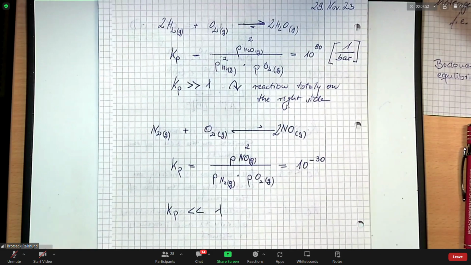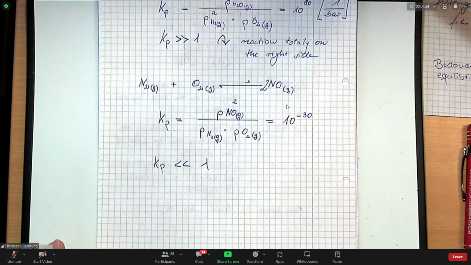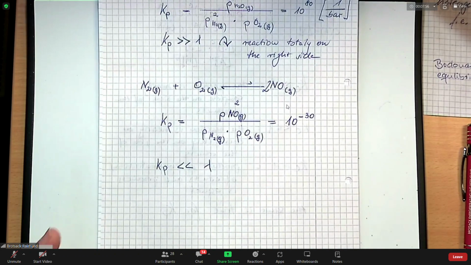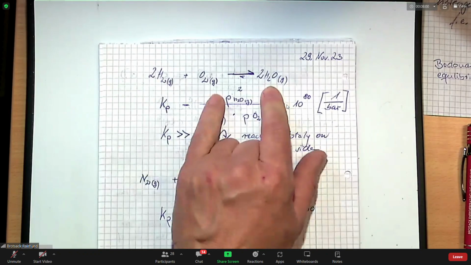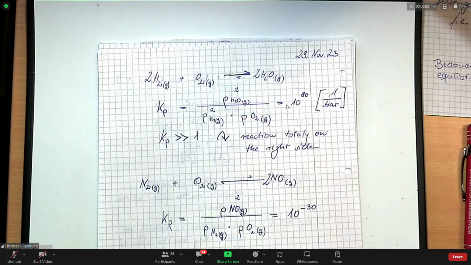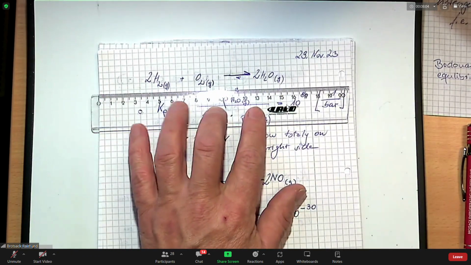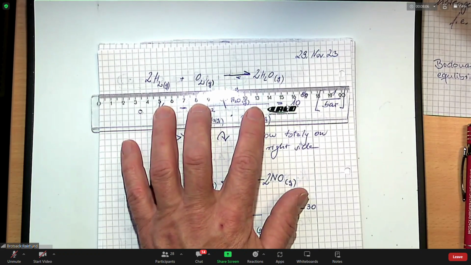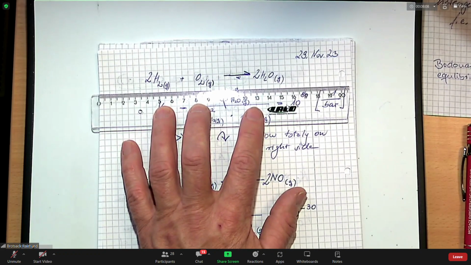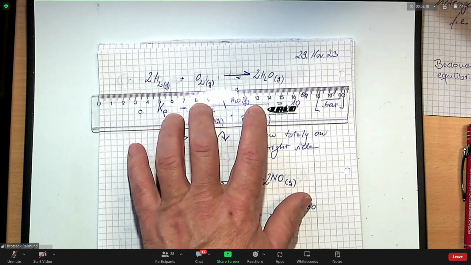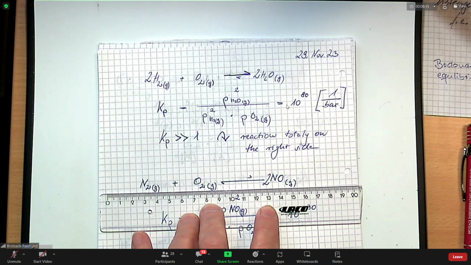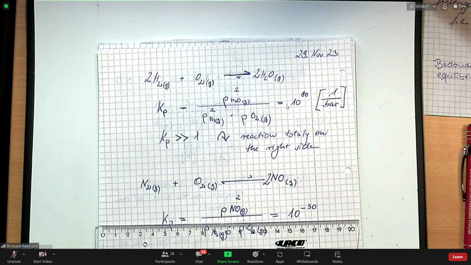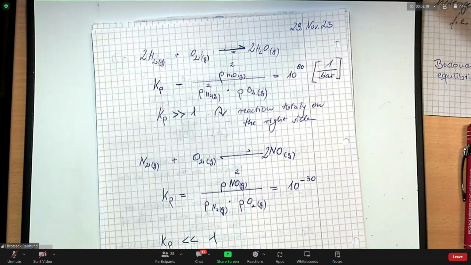So there is one other example. What we were talking about here is a so-called homogeneous equilibrium. Homogeneous means all of the reactants are in the same phase. Even here, they are all in the same phase. So that's a homogeneous equilibrium.